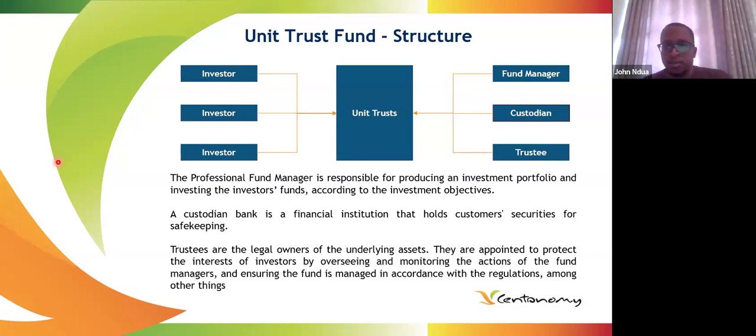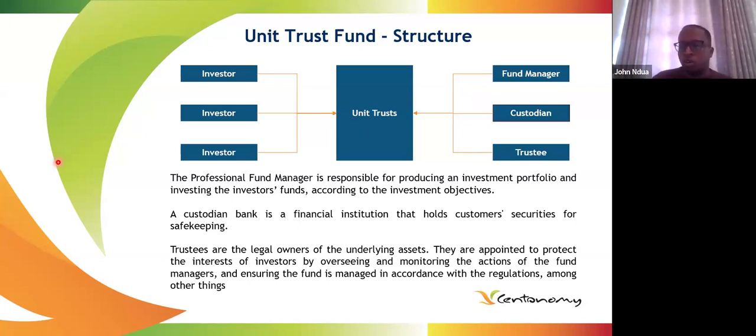Now, who is a trustee? The trustee is the overseer. They monitor the actions of the fund manager and the custodian to see if they are doing the correct thing as per the regulations. So they get daily reports on how they have been doing their work. And based on that, you can just see that this is ring-fenced.